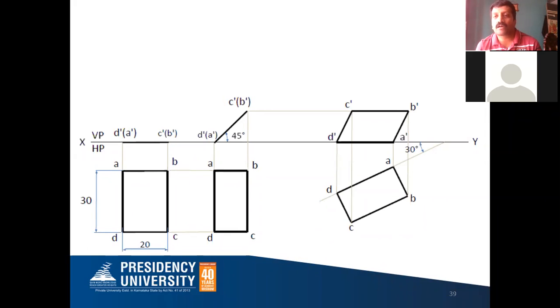If it is resting on a corner, you take that corner as the left side. If it is resting on an edge, you take that edge as the left side. The other side also you can take to maintain uniformity, so that while taking the inclination, you can always take it here on the right side only.